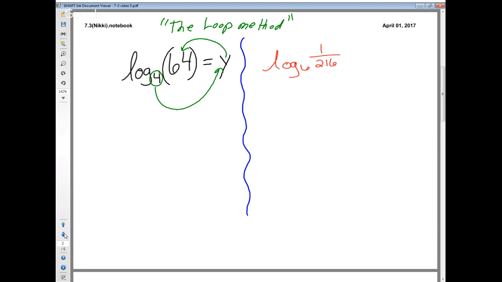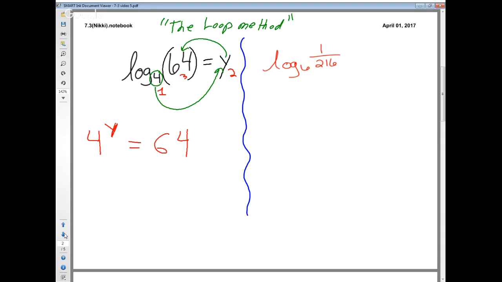And following that order, where we started with the base of 4 first, that means that's the first thing we're going to write. The y came second, so it gets written second. And then the 64 came third, so that's the last thing we write. So basically, all we've done was take a log function and rewrite it as an exponential function.